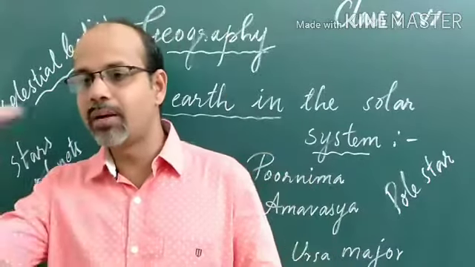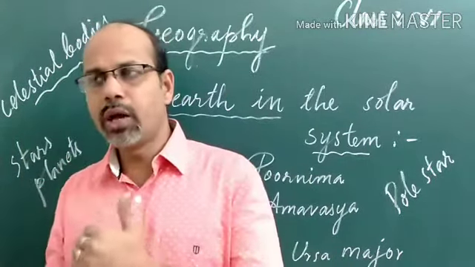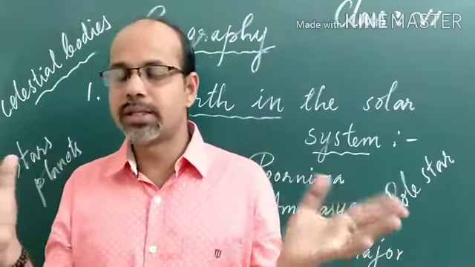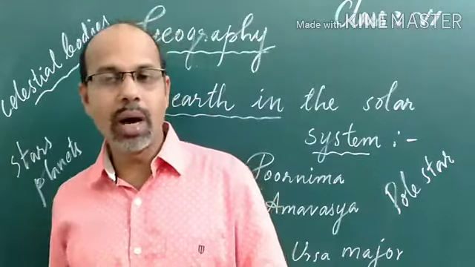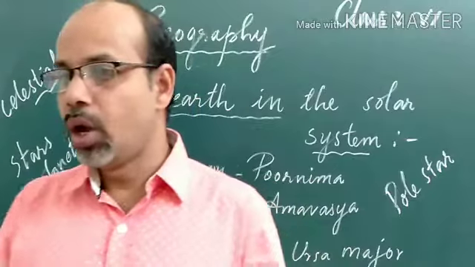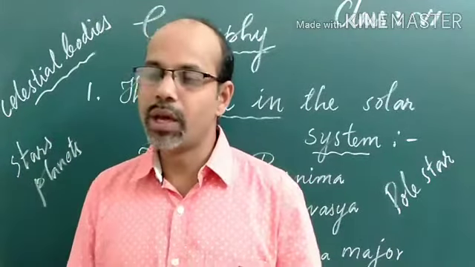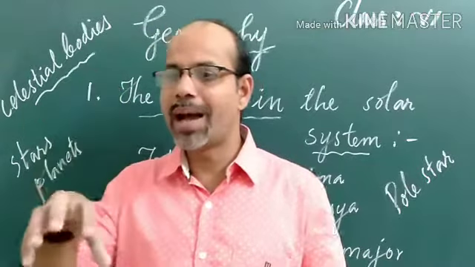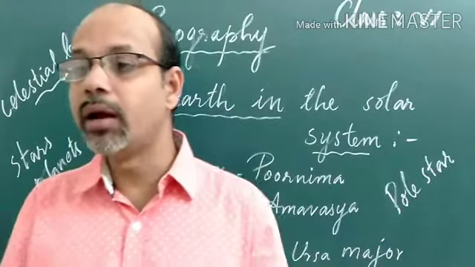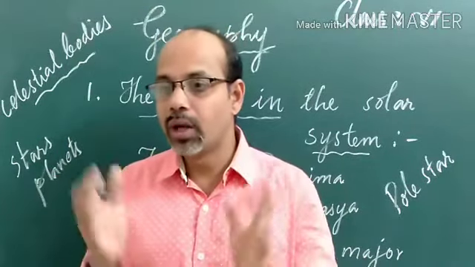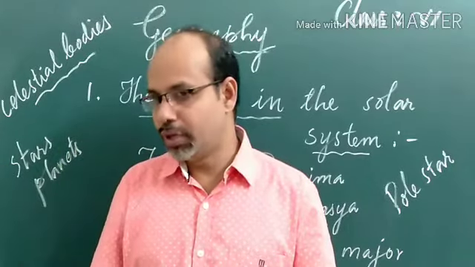In the daytime we cannot find any of these objects, only in the night time, because the sun is shining very brightly and its light does not allow the other objects to be visible in the sky.